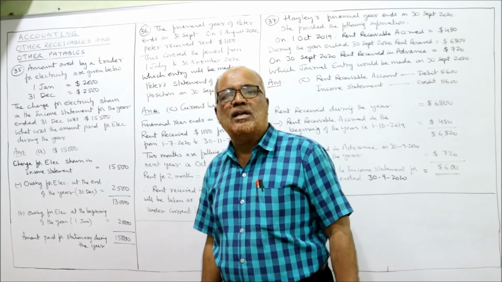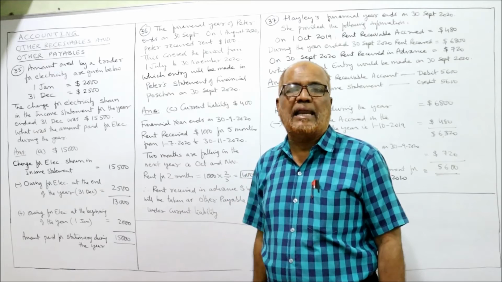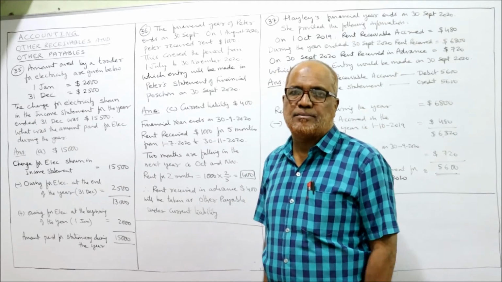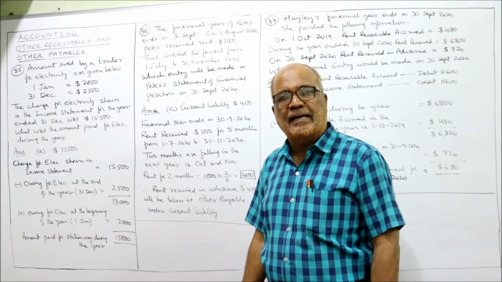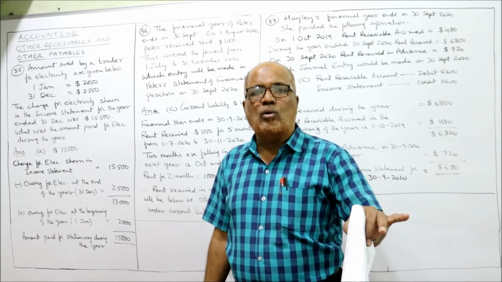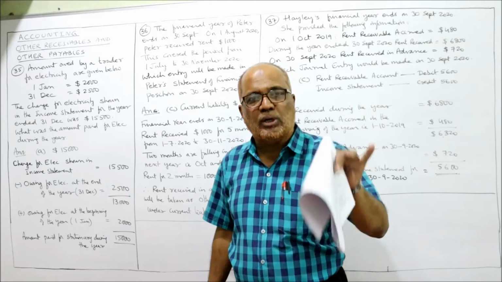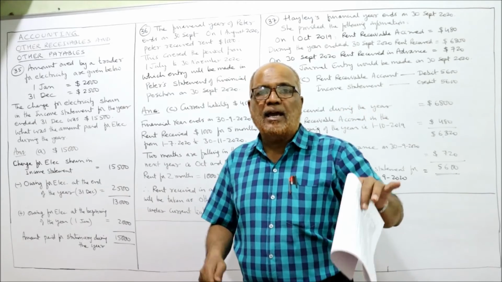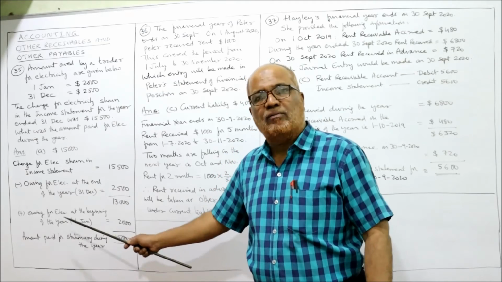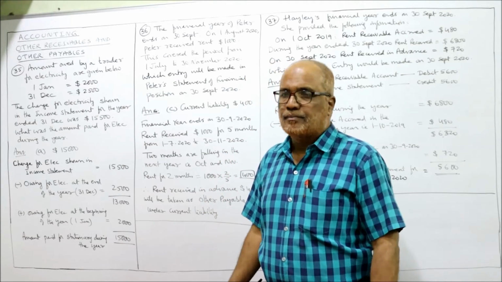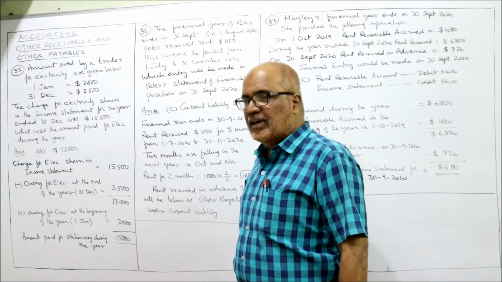So 15,000 is the amount paid for electricity during the year. That's it. You simply have to remember which item to be added and which to be deducted. End of the year outstanding is not paid, so deduct. Outstanding at the beginning of the year will be paid during the current year, so that will be added. That's it. So this is the end of 35.